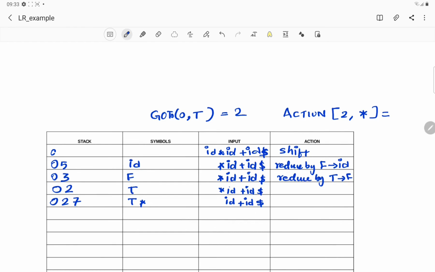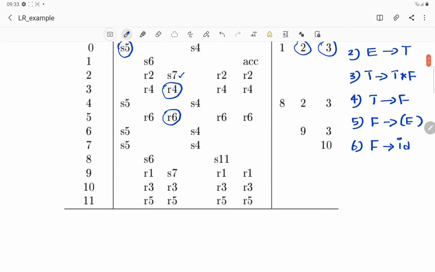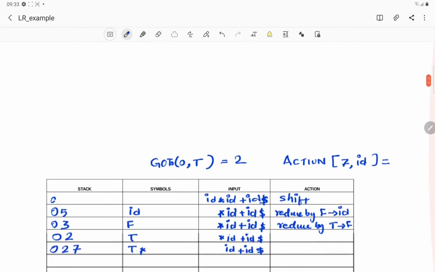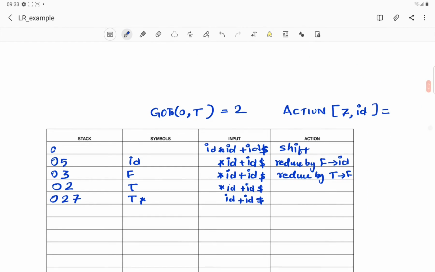Then we have to consider 7 and id. The stack top is 7, and the next input symbol is id. So action of 7 comma id is S5, shift.